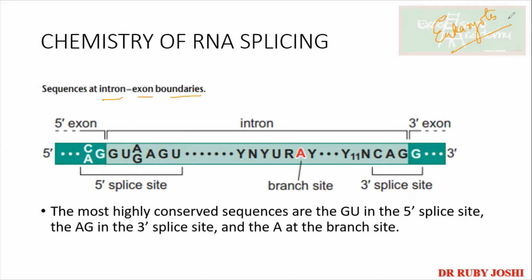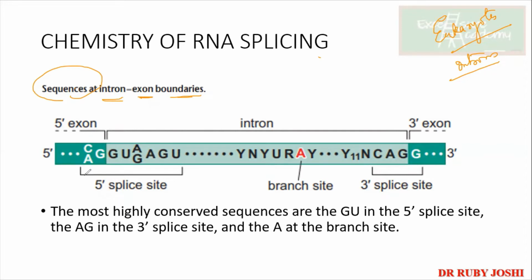Why? Because prokaryotes don't have introns, so there is no need for RNA splicing. In eukaryotes, introns are present, and that's why you need RNA splicing before translation. Now the information is present in the intron-exon boundaries, and that information is nothing but the sequence. Okay. Now look at the sequence.